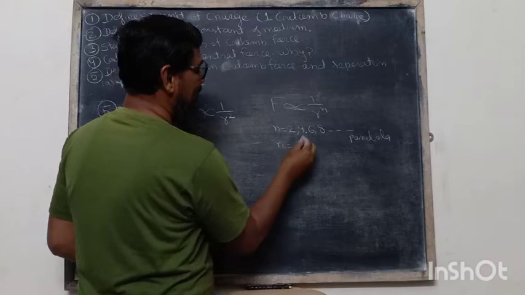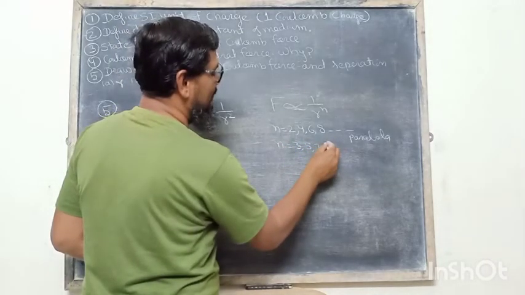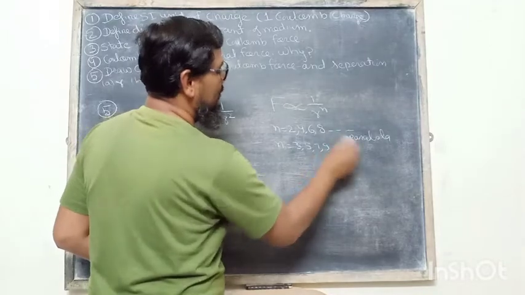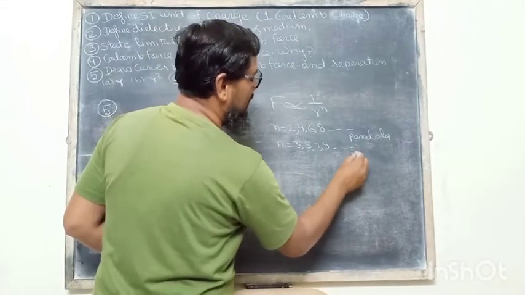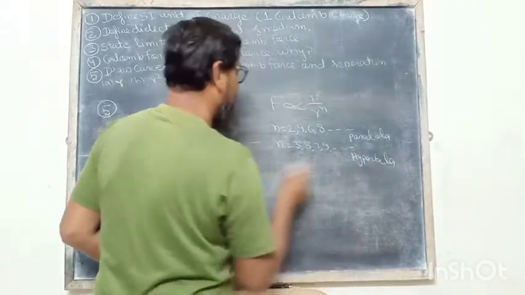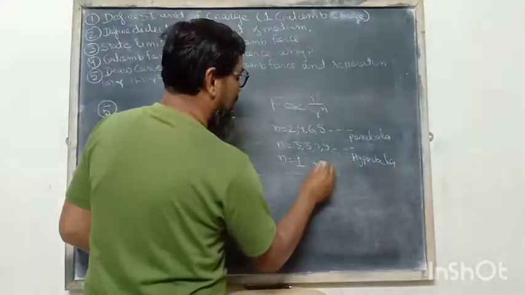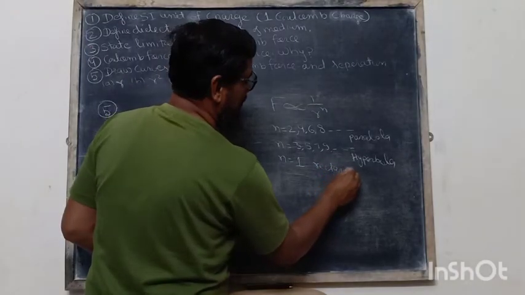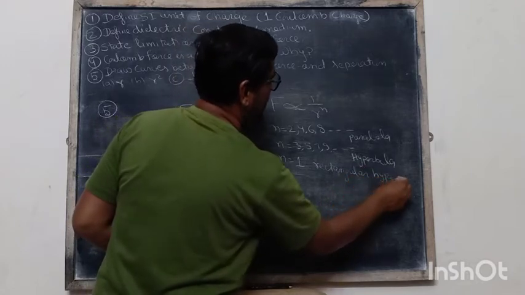And if n is equal to 3, 5, 7, 9, meaning the powers are odd numbers, then the shape of the curve will be a hyperbola. And if n is equal to 1, then it will be a rectangular hyperbola.